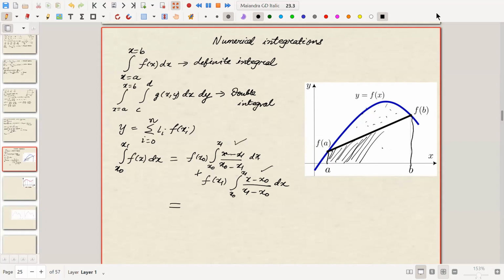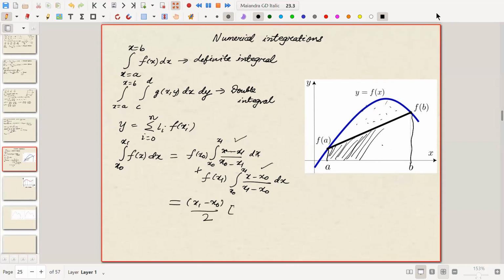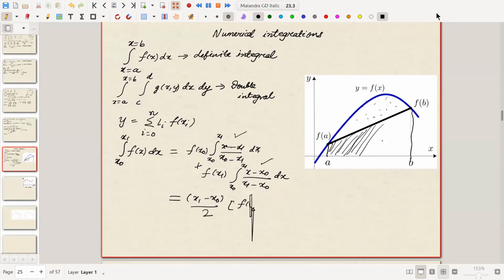So only x minus x0 will be there. Check again that if you do it in this manner, you will land here. You can simplify to this state.